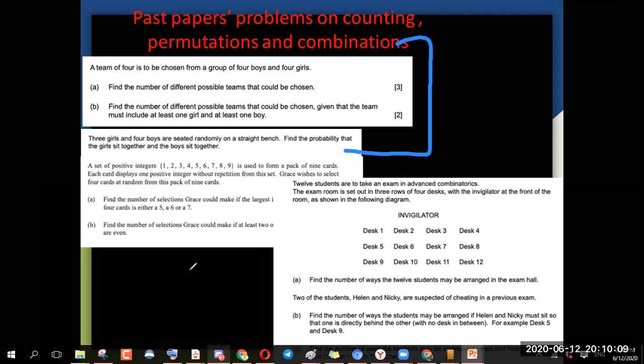The 3 girls and 4 boys. Oh, I did question A. I didn't know that was a separate question. For 3 girls and 4 boys, I just did 2 times 3 factorial times 4 factorial, and that gives you 288. Then you just divide by the total number of possible combinations.